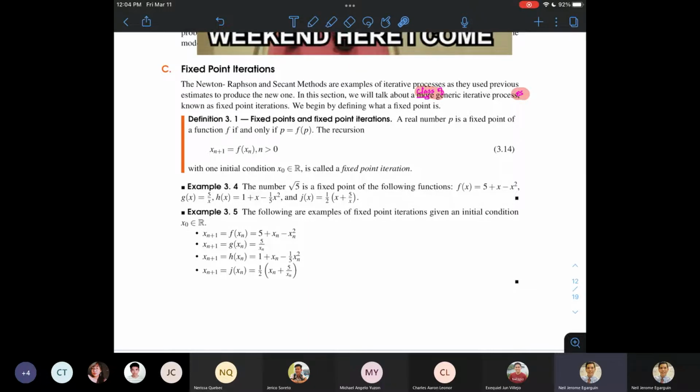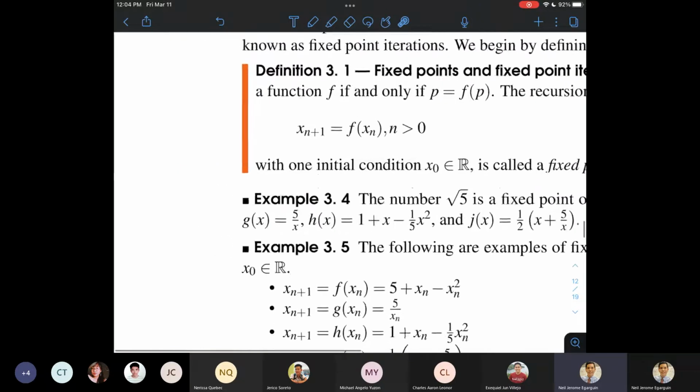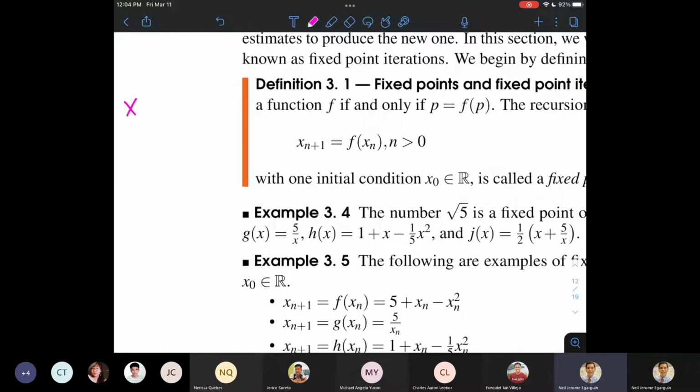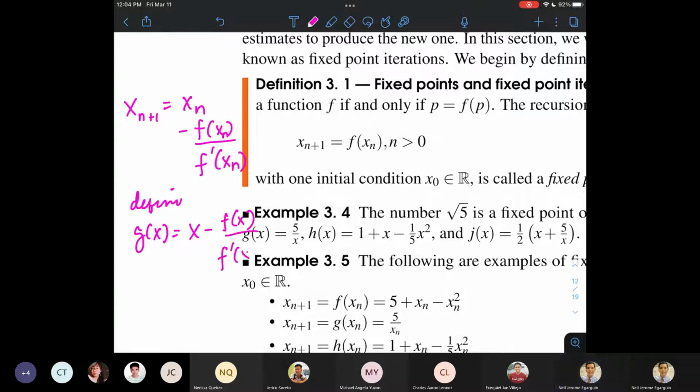Lalo na yung Newton-Raphson. Kasi remember sa Newton-Raphson, ang formula natin ay x sub n plus 1 equals x sub n minus f of x sub n over f prime of x sub n. All right? So we can just define g of x to be x minus f of x over f prime of x, and this would be our iteration.